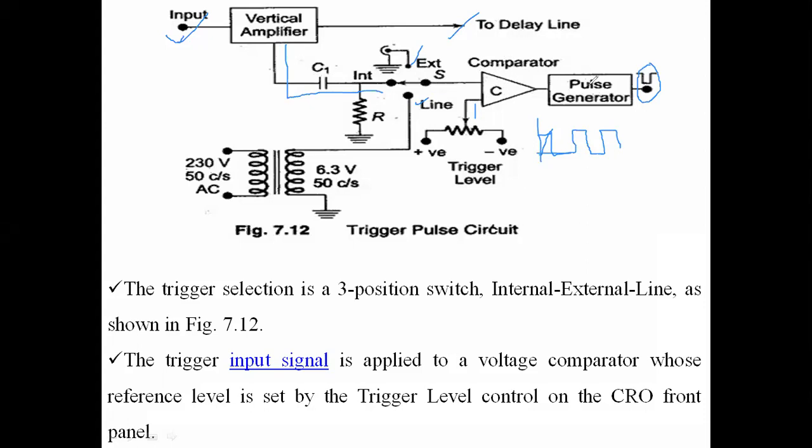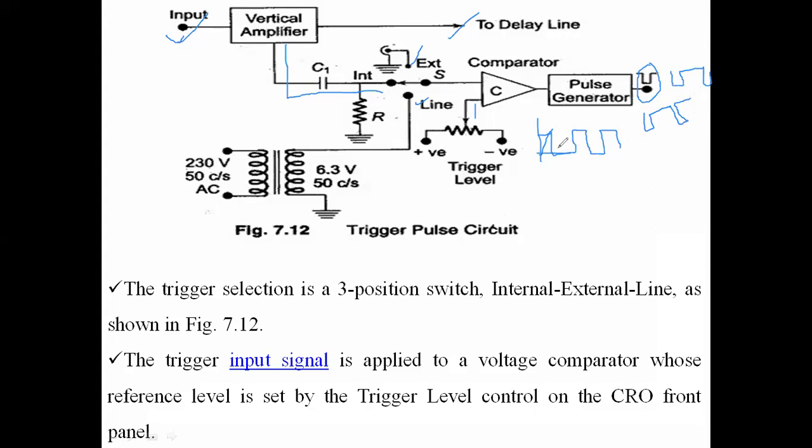By using this comparator and pulse generator, the comparator produces the output, and based upon this output voltage, the pulse generator produces the trigger pulses. These trigger pulses are applied to the sweep generator to produce the sweep voltage.